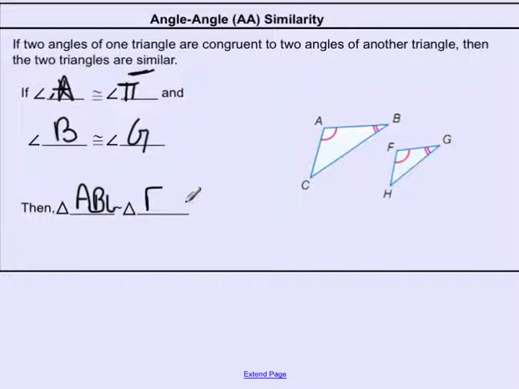All we have to know is that two angles are congruent, and then we can prove that the two triangles are similar.